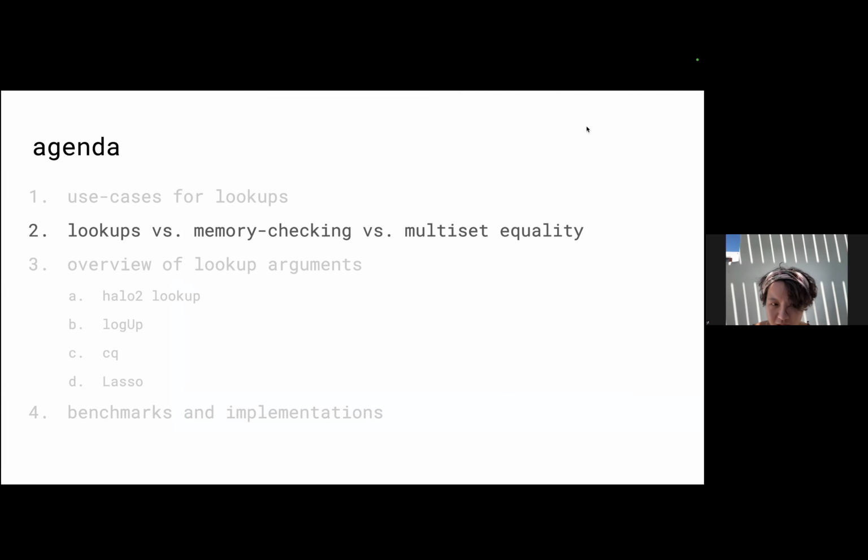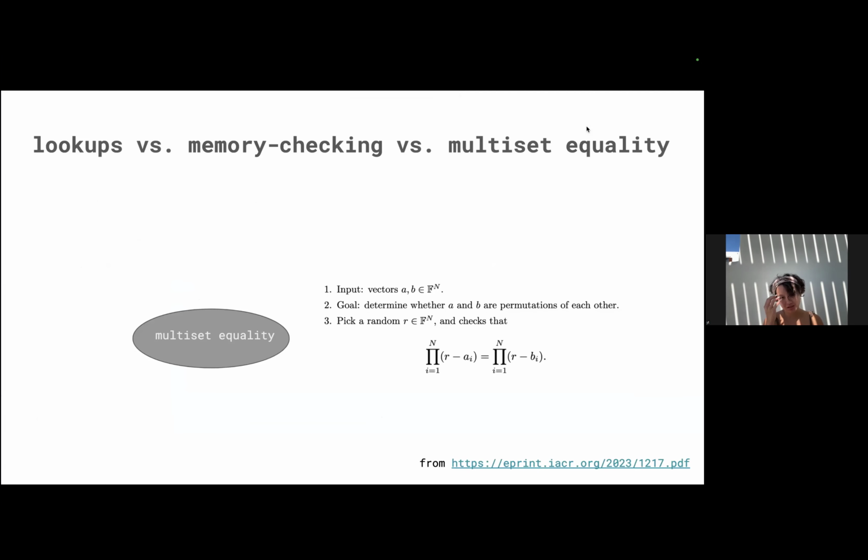When I was reading these newer protocols, a lot of them are in the context of virtual machine and memory checking arguments, which are slightly different from lookup arguments. And both of these sometimes make use of multi-set equality arguments, which are again different. So for me, it was helpful to get the exact differences clear.